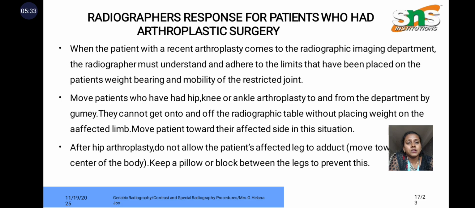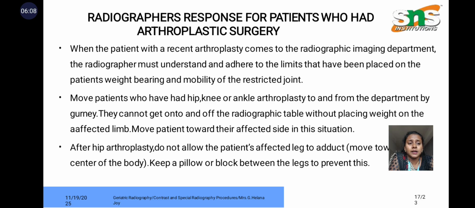If the patient has undergone arthroplastic surgery, as radiographers we have to be more conscious. When a patient comes to the radiographic imaging department for radiography after an arthroplastic surgery, we have to understand and adhere to the limits placed on the patient's weight bearing, mobility, and the mobility of the restricted joint. We should not move the hip or knee of patients who had hip, knee or ankle arthroplasty.